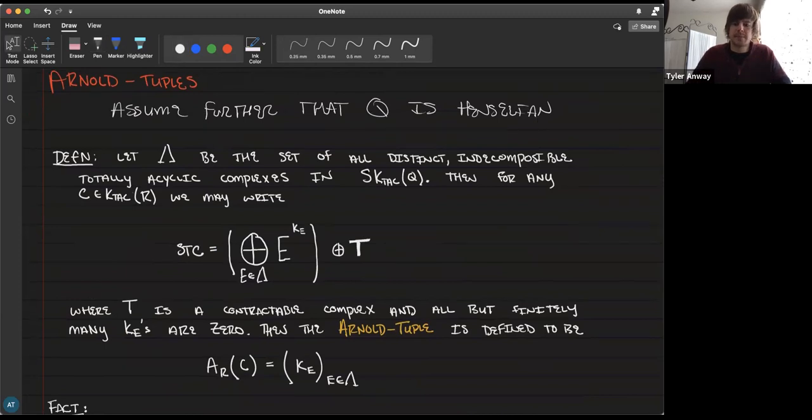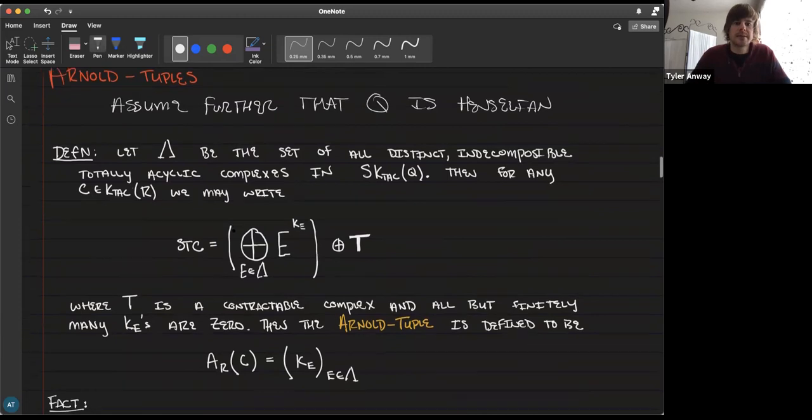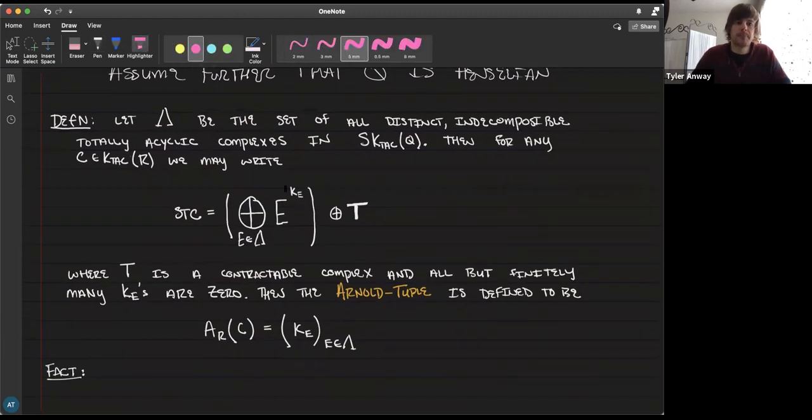So once we have that set in mind, then for any complex in our category, we can write its approximation as the direct sum of powers of those indecomposable complexes, right? So if you just cycle through all of the indecomposable complexes in Ktac, or in the image of S, you can write your approximation as that direct sum with a trivial summand, just because they can kind of pop up, right?